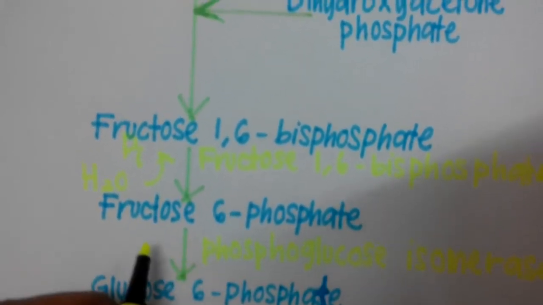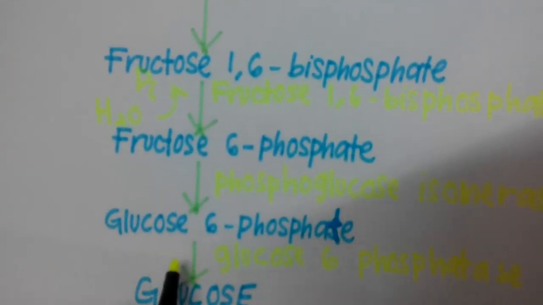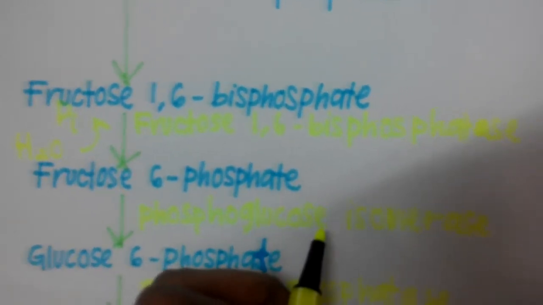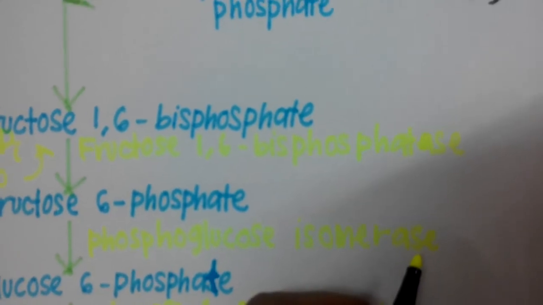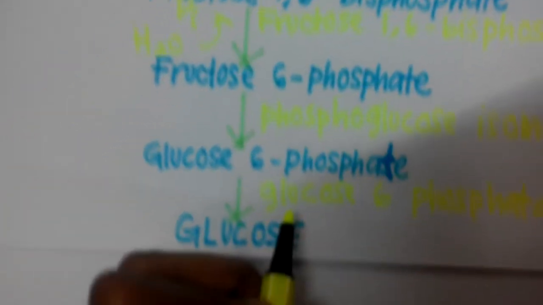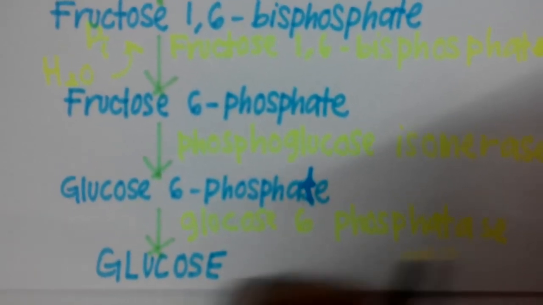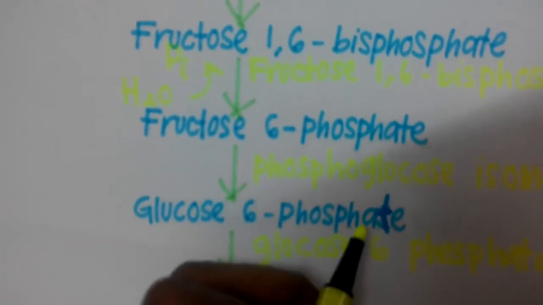Then, fructose 6-phosphate will be converted to glucose 6-phosphate by using phosphoglucose isomerase. Then, by using glucose 6-phosphatase, glucose will be formed from glucose 6-phosphate.